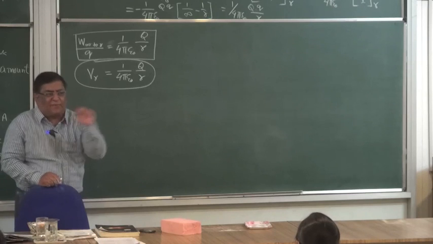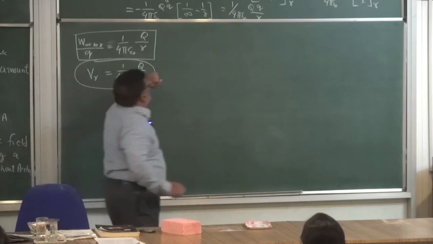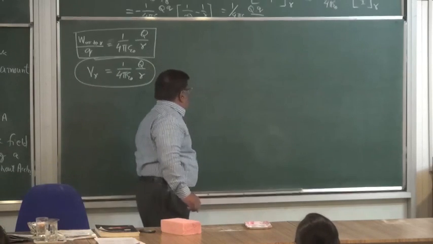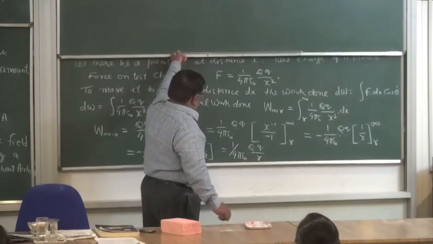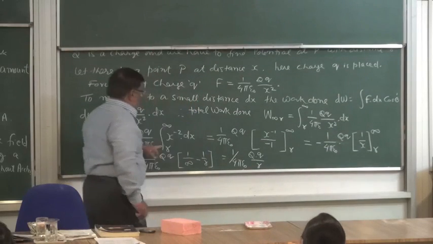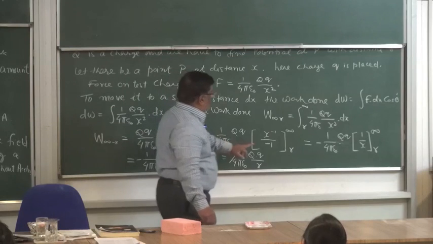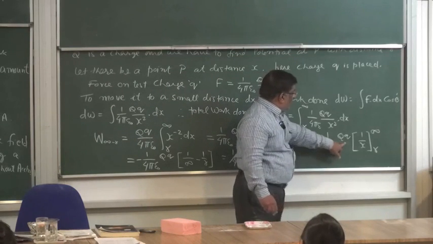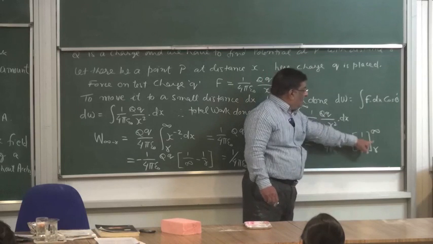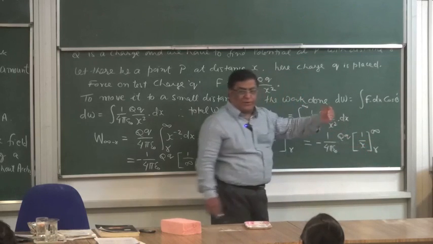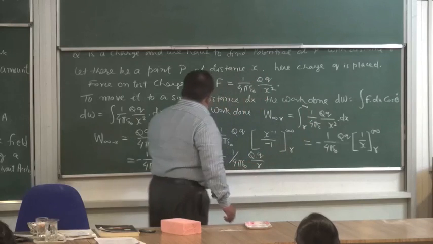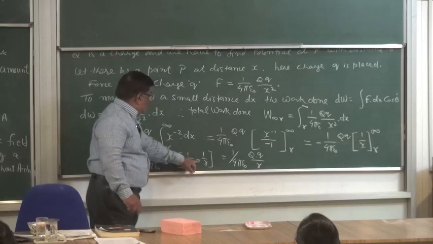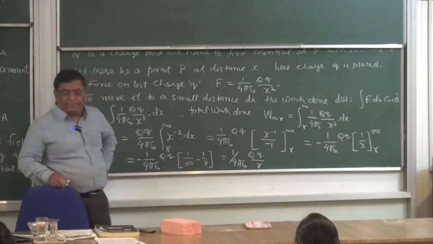छोटा सा एक इसमें डिफरेंस देखिए, here, yes, minus 1 upon 4 pi epsilon naught q infinity to r. We have brought it from infinity to r, so this is 1 upon infinity minus 1 upon r.